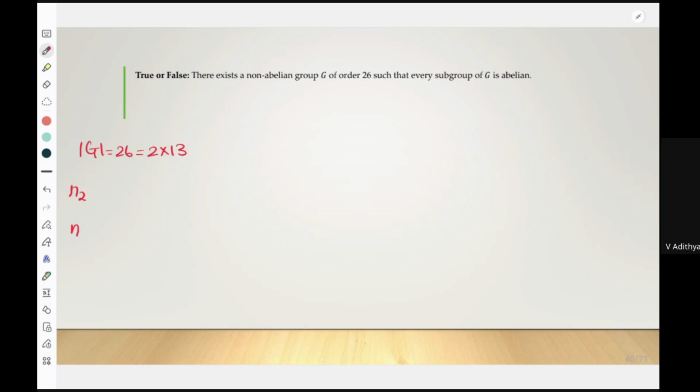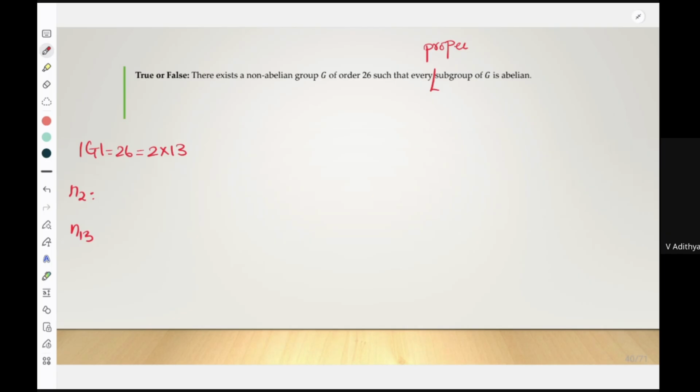Here, of course, they mean every subgroup in the sense of proper subgroup. Because if G is not abelian and you take G itself as a subgroup, then it is not abelian. So the statement becomes false.